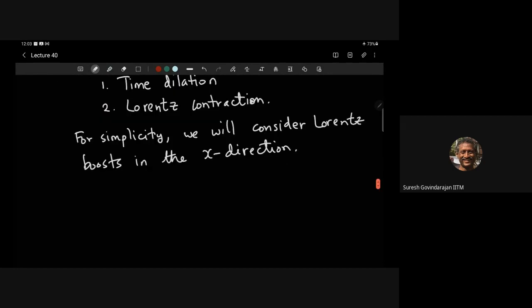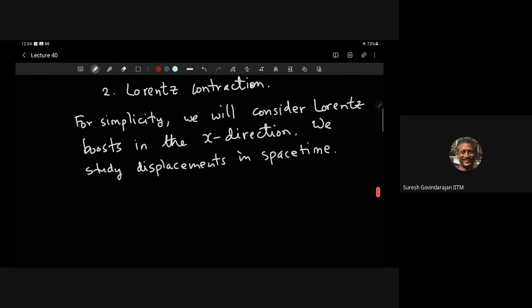So let's just write, and we will study displacements in space-time. Again, there are two frames, A and B, and we use x and t for frame A and x prime, t prime for frame B. Okay, so let's just write this, c delta t.